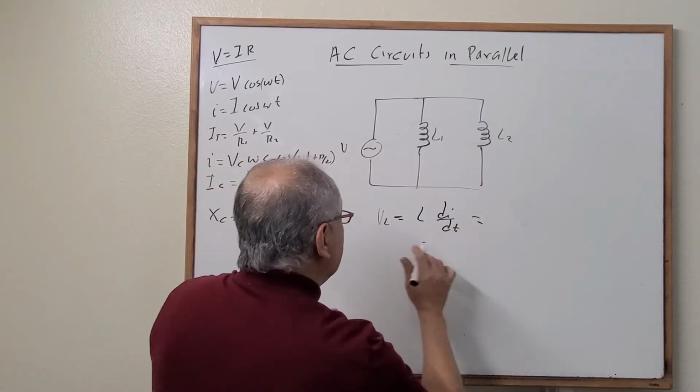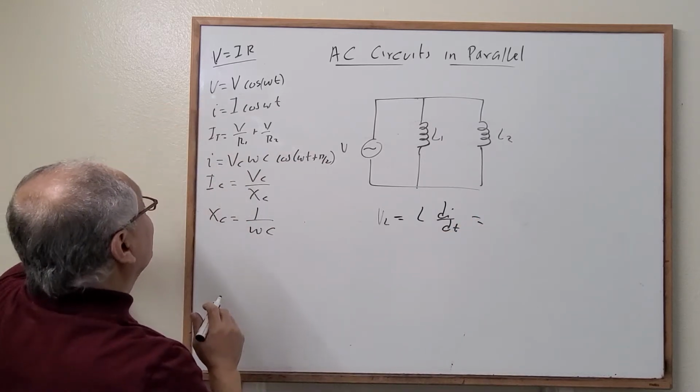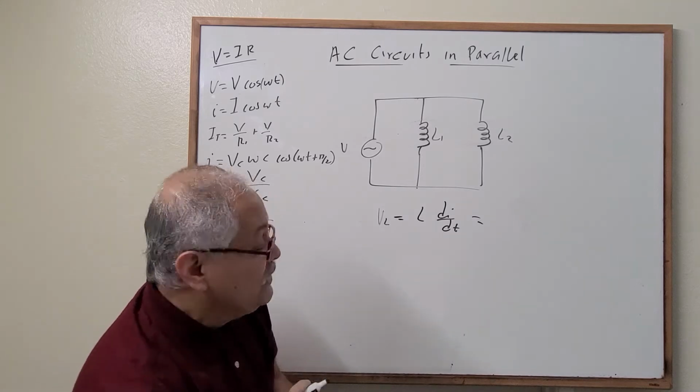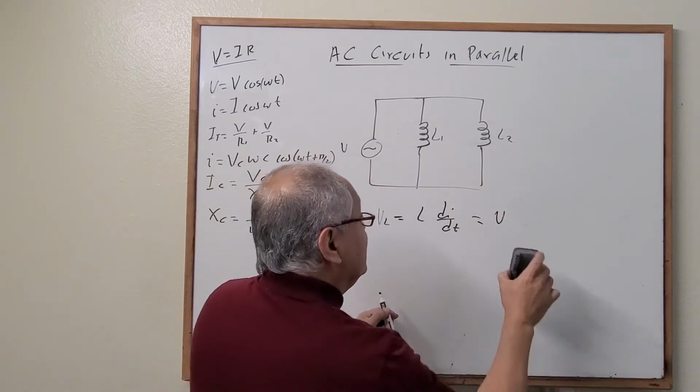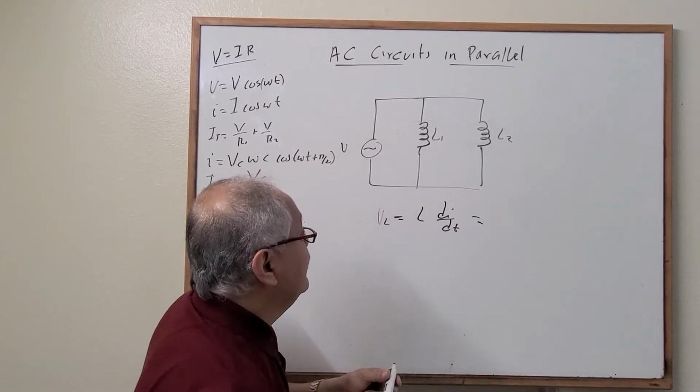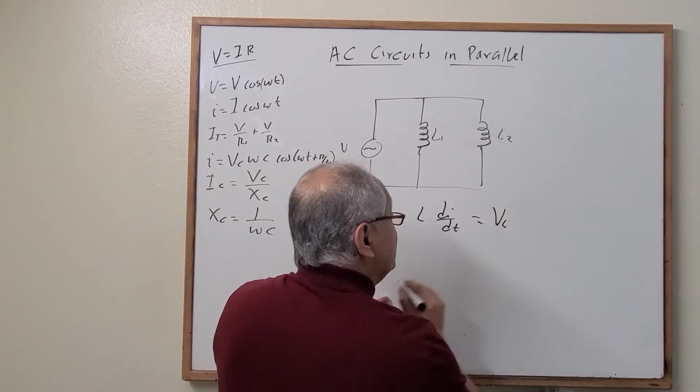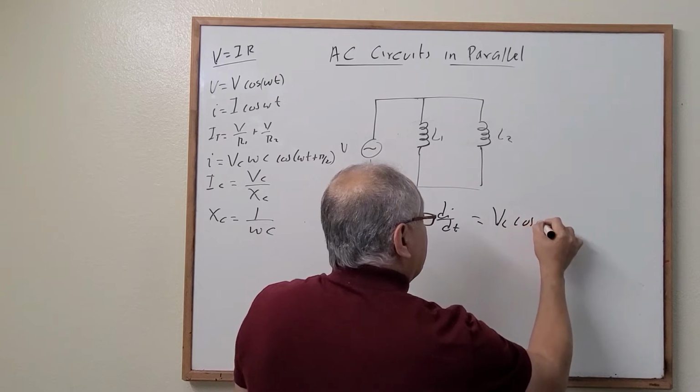But one more time, using the original equation for the instantaneous voltage, it is equal to V, the maximum voltage through the inductor, times cosine omega t.